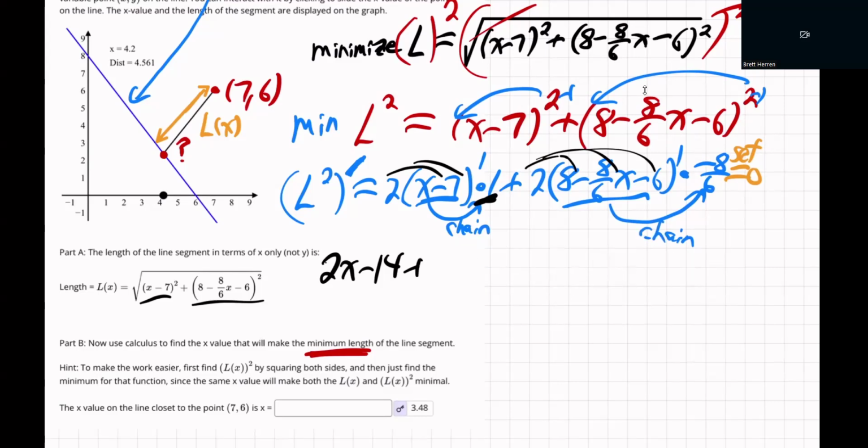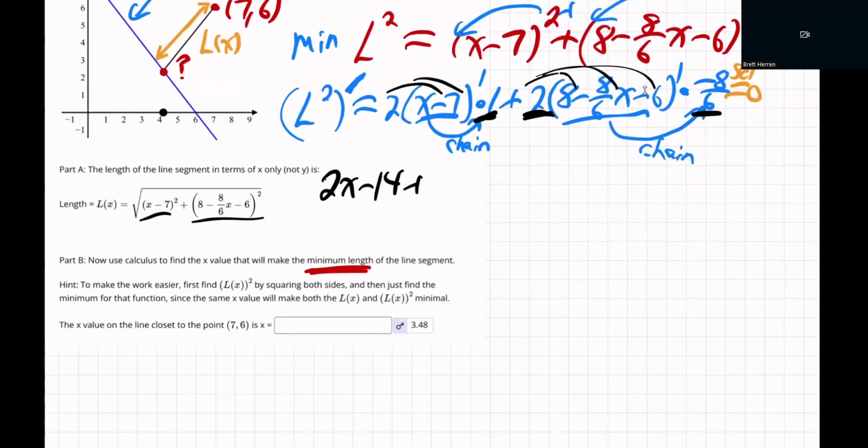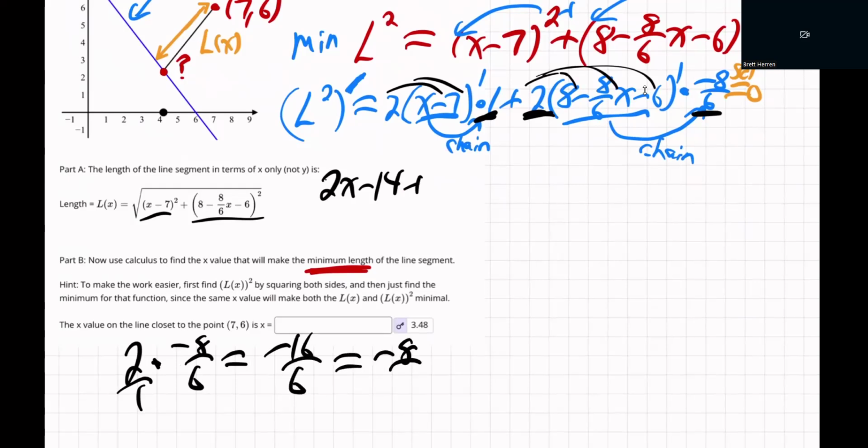I would just put these guys together first. This 2 is minus 8/6. Look what they are. Let me do them over on the side here. 2 times minus 8 sixths. This is 2 over 1 times minus 8 over 6, that's minus 16 over 6. Reduce that fraction: minus 8 thirds. So put them together.